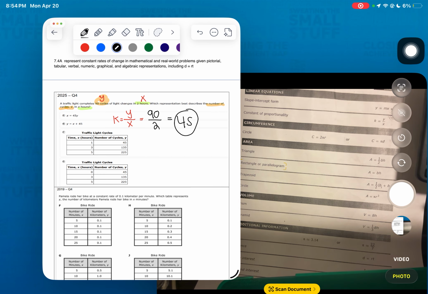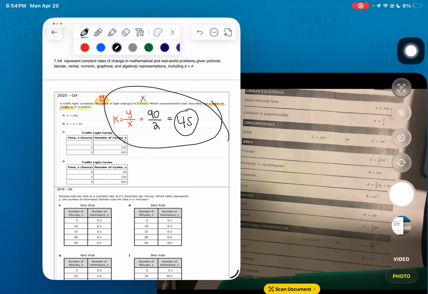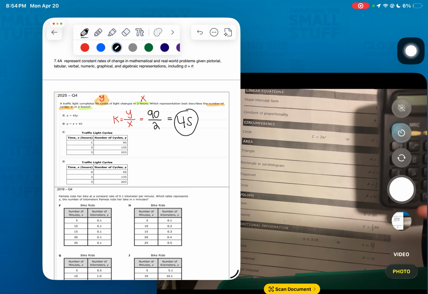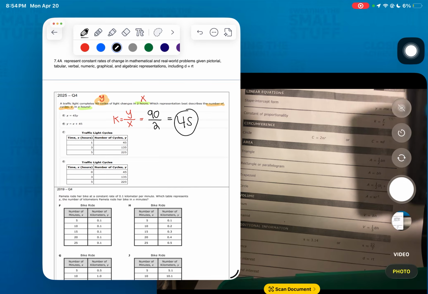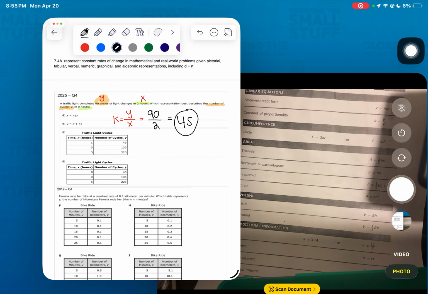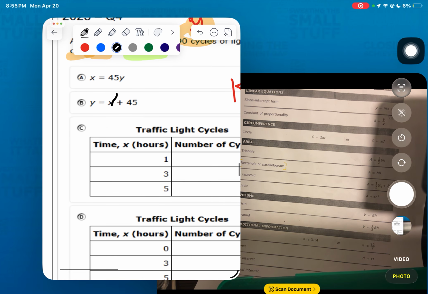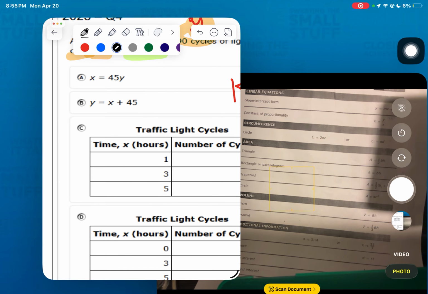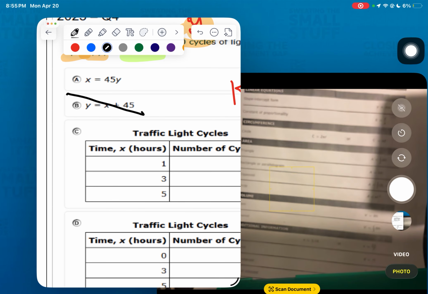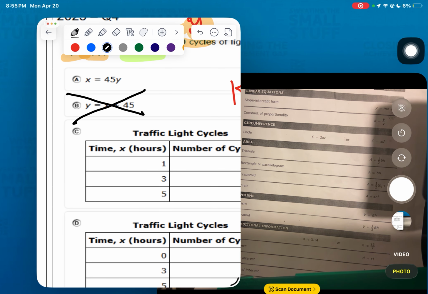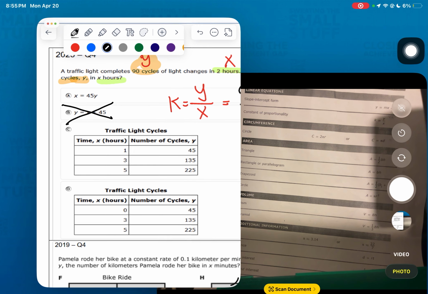Again, when we're dealing with this type of problems, we're looking for multiplying. Entonces, think about it. Answer choice B, we're adding x plus 45. That's not gonna be true. Okay, because we have add. We don't need to add. We don't need to subtract.